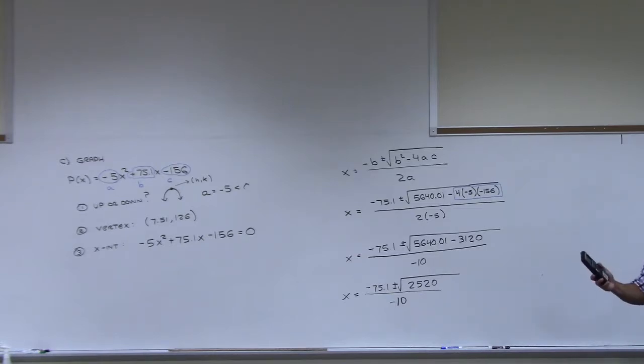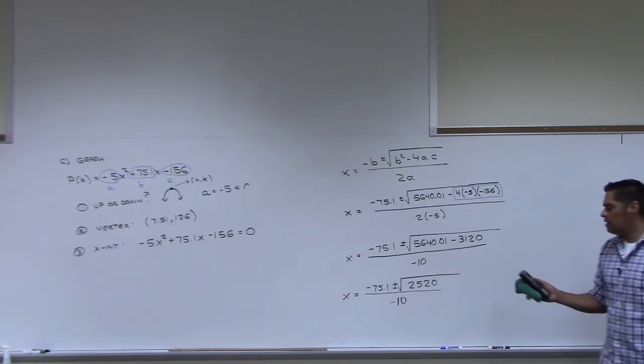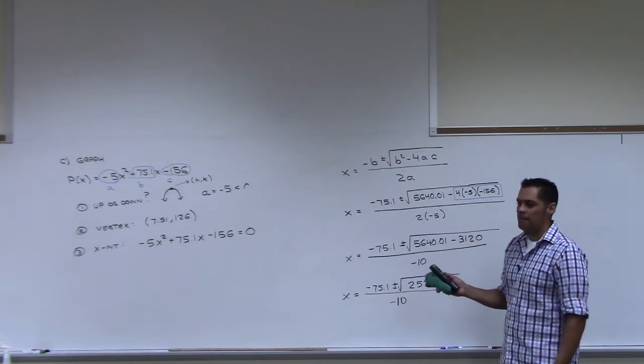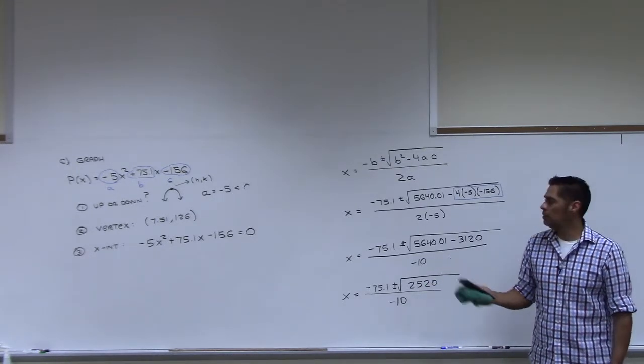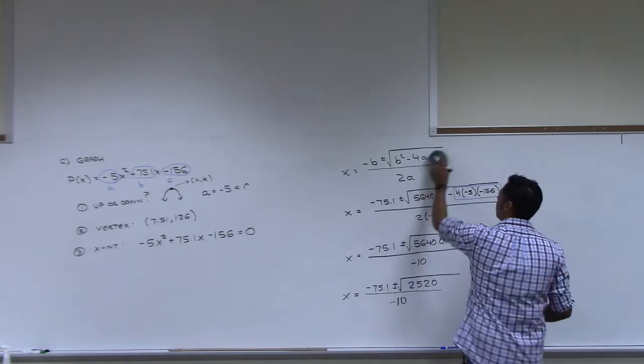Now we have to take the square root of 2520. So square root, you know how to do square root on your calculators? If not, you need to learn. I get 50.199, something like that. So I'm going to say 50.2. And at this point, the square root's going to go away, right?